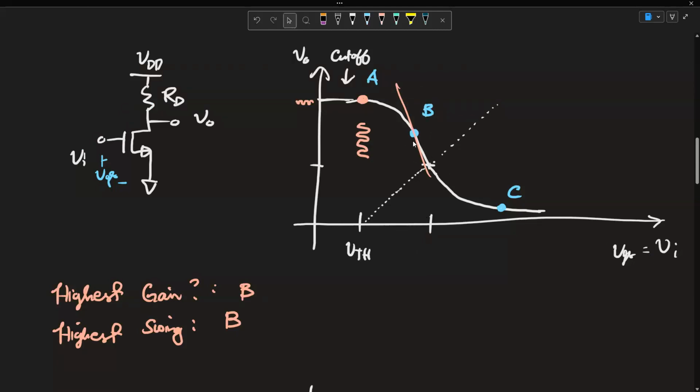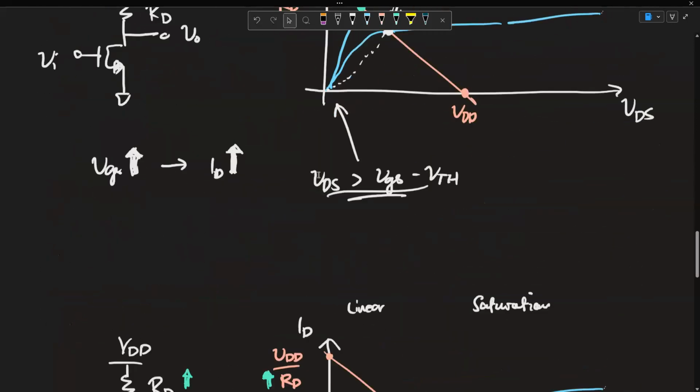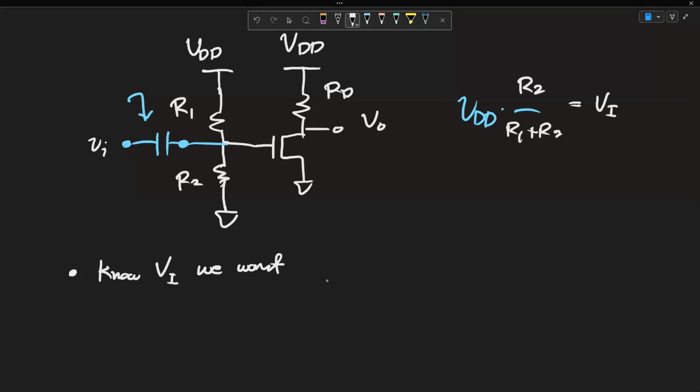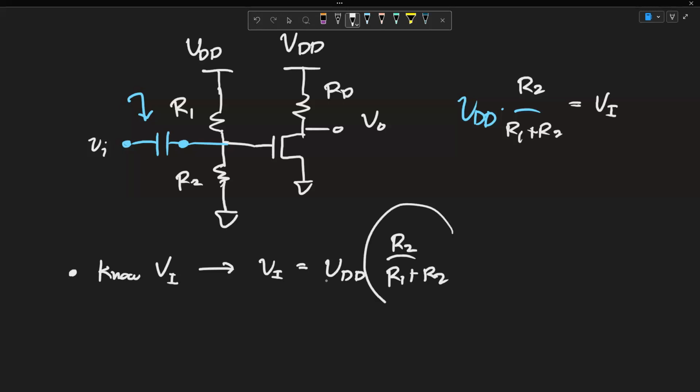Of course, the x-axis here is Vin, so we choose this Vin to get to point B. So we know the Vin. Since we know Vin, this is one of the equations that could help us determine what R1 and R2 should be. This is a relationship between R1 and R2 that we have.